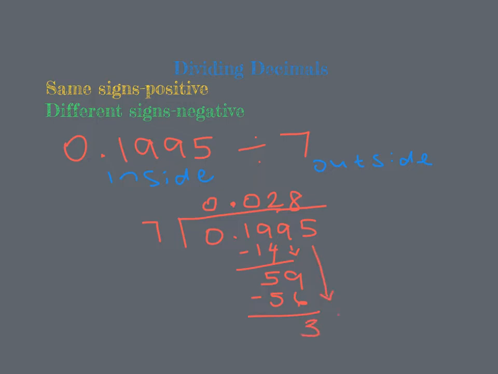I'm going to bring down the 5. 7 can go into 35 5 times, and I now have nothing left over. So our final answer would be 0.0285.